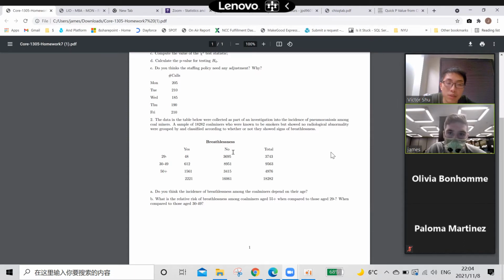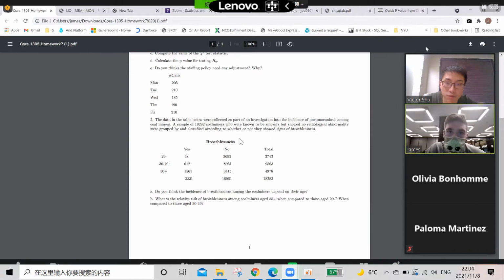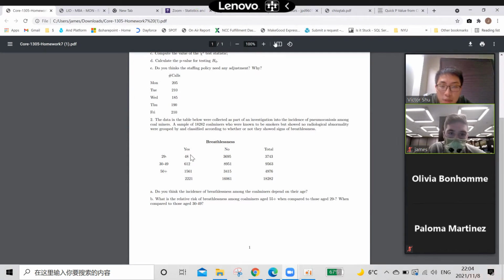On the first column, under 29 years old, have breathlessness, right? If you assume independence of all those ages, the probability of I am under 29 and I have breathlessness equals the probability of I'm under 29 multiplied by the probability of I have breathlessness, right?